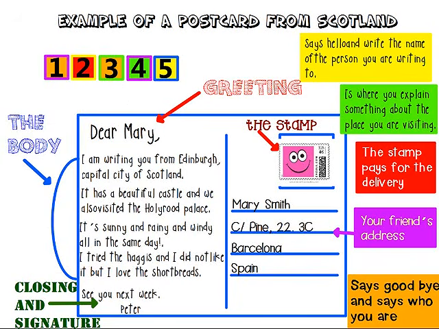Number 3, the closing and signature. You say goodbye and you write your name, of course. You identify yourself. Number 4 is the address for the person you're writing to. And number 5, the stamp. Very easy, yeah? Only 5 steps.